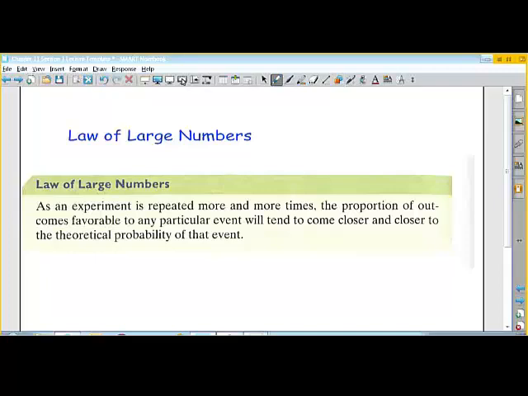So the more experiments you run, the more likely the empirical probability is going to be closer to the theoretical probability. So that's why you run lots of experiments. If you're trying to determine something empirically, the more experiments you run, the more accurate your results are.